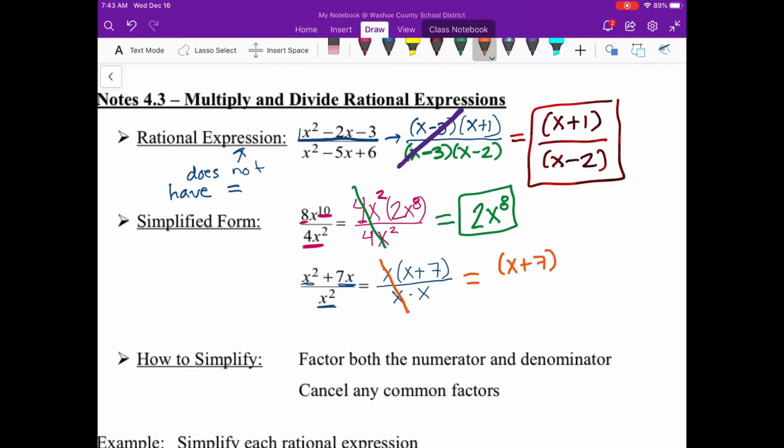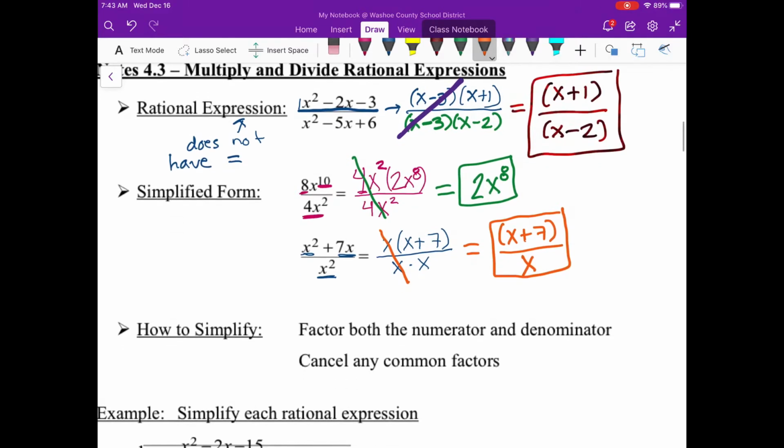So the way I can simplify this expression would be x plus 7 in the numerator and then just 1x in the denominator. And that would be my simplified fraction there. Okay, so as a general rule, we're going to simplify by factoring both the numerator and denominator, and then we're going to cancel out any common factors that we have.